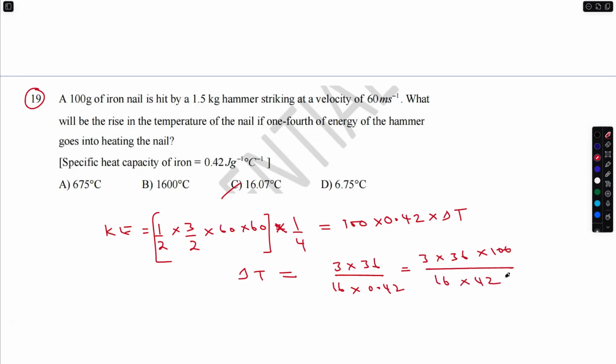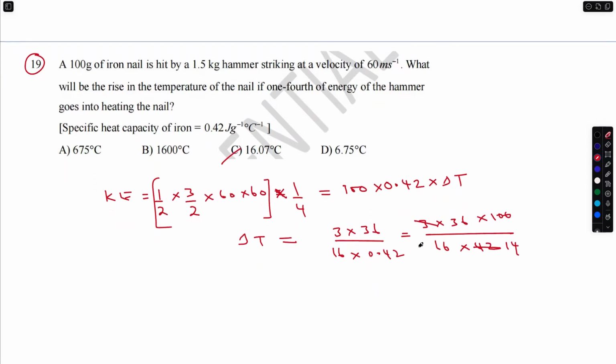Any good numbers? 3 goes in 42, 14 times. 4, 4, 4, 4, 25.